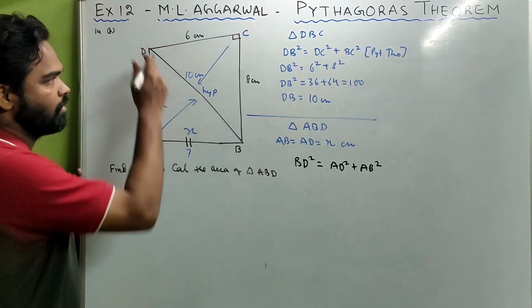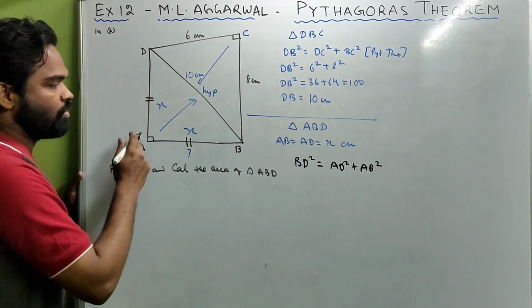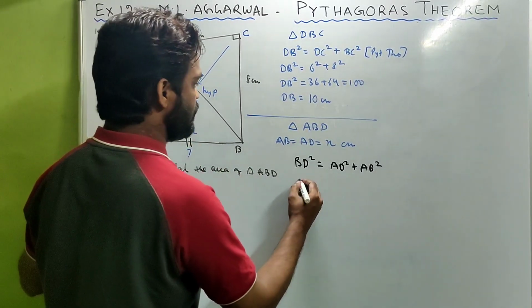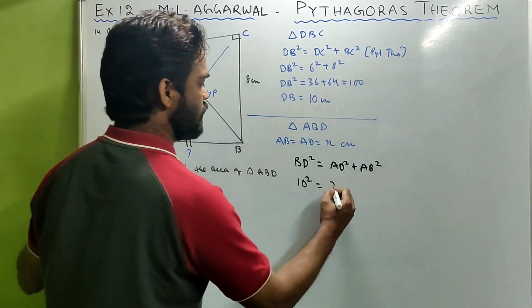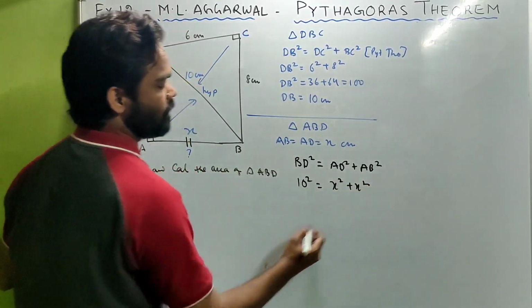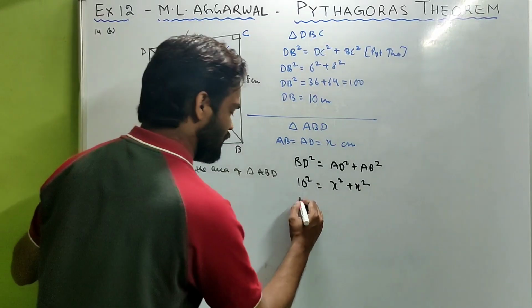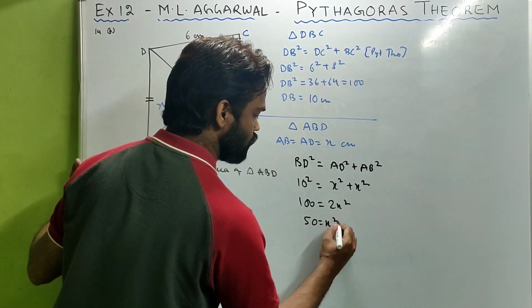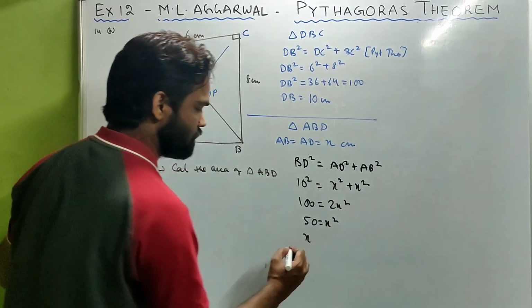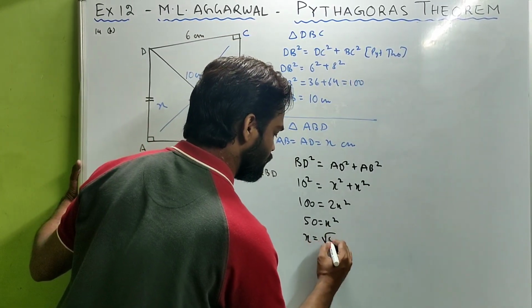No doubt in that. Hypotenuse square equals base square plus perpendicular square. So BD square, 10 square, is equal to, because BD is 10, this is X square plus X square. Both are equal, you know. So that's 100 equals 2x square. That's 50 equals x square, which means x will be root of 50.